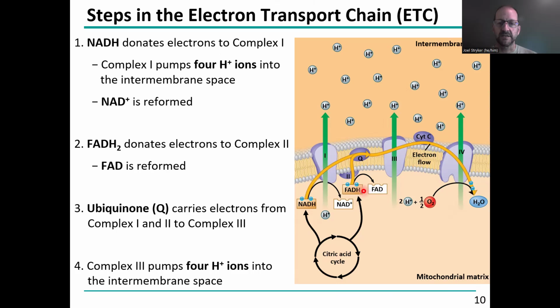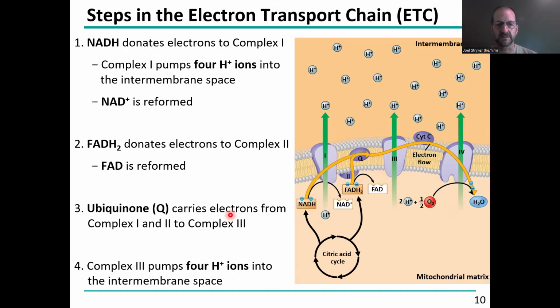FADH2 has less energy. The electrons are lower energy than NADH, so it can't donate to complex 1. It's already lower energy than that, but it donates into complex 2, which is the second step. That regenerates FAD. No protons get pumped there. Then it transfers over into complex 3.